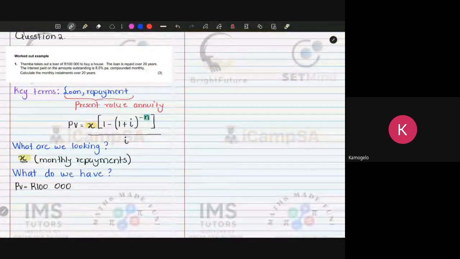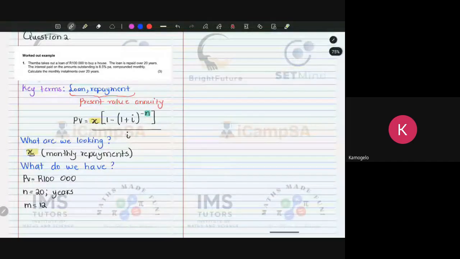So we will make payments monthly for 20 years, which means we will actually make 20 times 12 payments. But that is why I prefer the formula that has the compounding period. So n is 20, that is the years, and m is 12 because they are saying monthly, that is our compounding period. What else do we have?